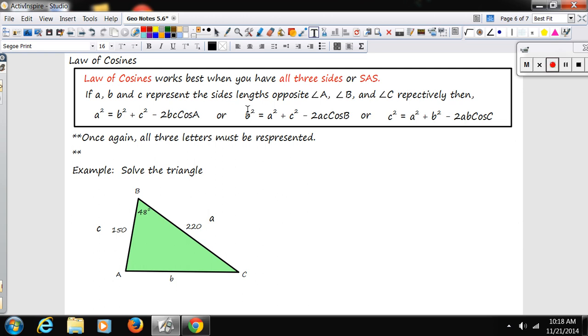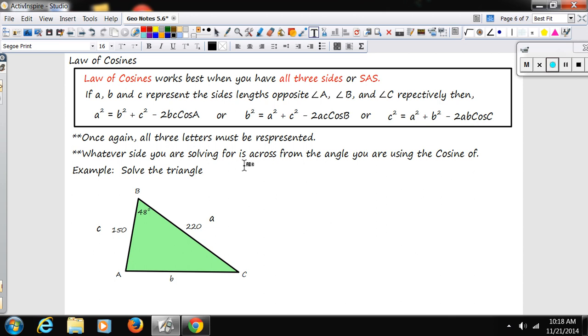If you're looking for little b, you're going to be using the cosine of angle B. So whatever angle you're looking for, whatever side you're looking for, that's the angle that you're going to be using the cosine of. Whatever side you're solving for is across from the angle that you're using the cosine of. So if you're solving for little b, you're going to use the cosine of b. If you're solving for little c, you're going to use the cosine of c.